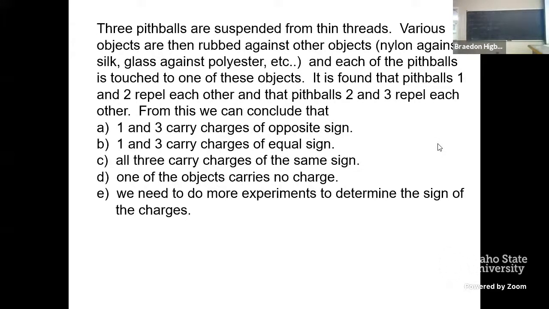But 1 and 3 must carry charges of opposite sign. Could someone volunteer to defend that? Ma'am?